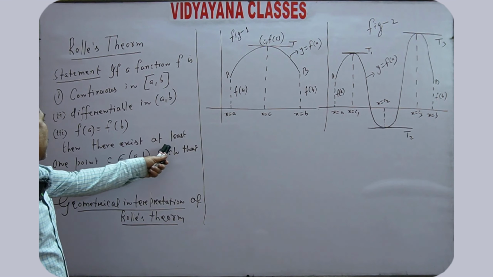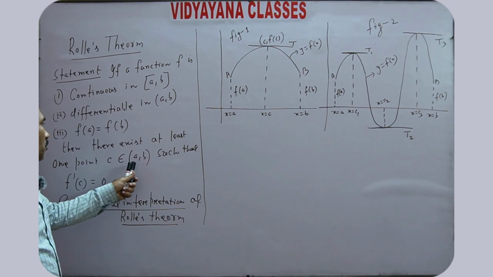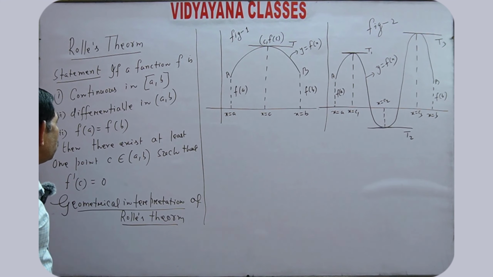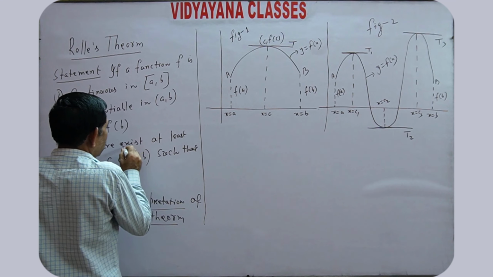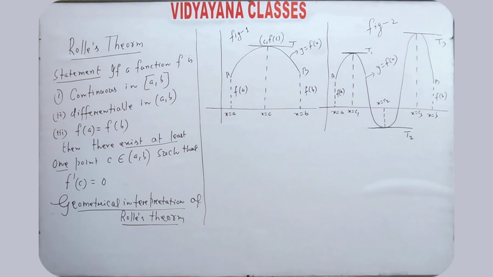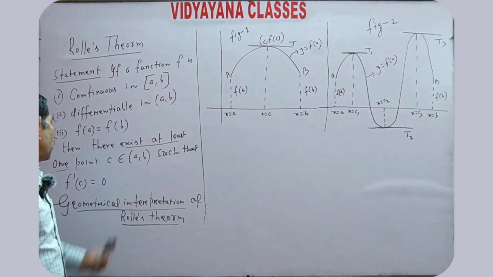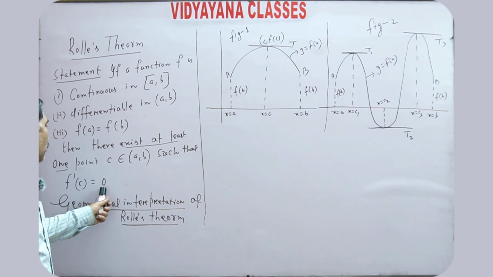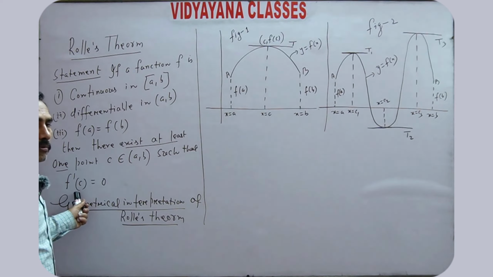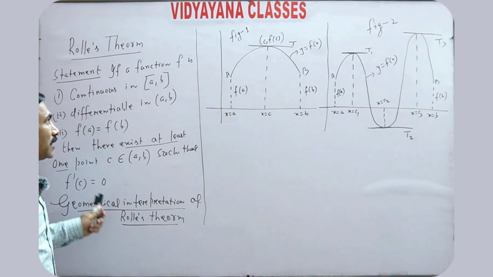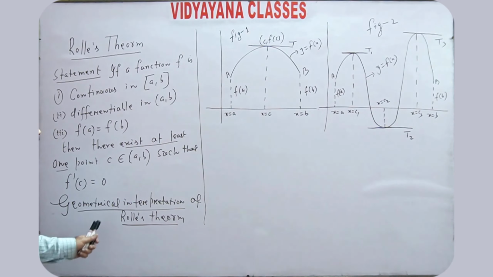Then there exists at least one point c belongs to open bracket AB such that f dash c equal to 0. There exists at least one point, means either one point or more than one point where f dash c equal to 0. That means slope of the tangent at x equal to c is 0. That means tangent is parallel to x-axis.